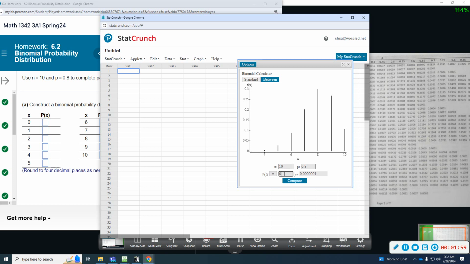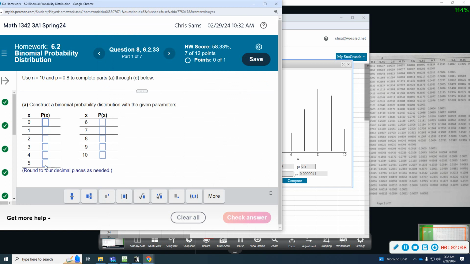It won't round to anything. If I do 1, we get 5 zeros again. So when we round to 4 decimal places, we're not getting anything for those first 2. Then we get 0.0001 on the next one, and then 0.0014.